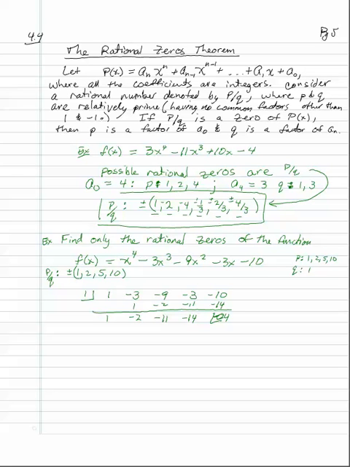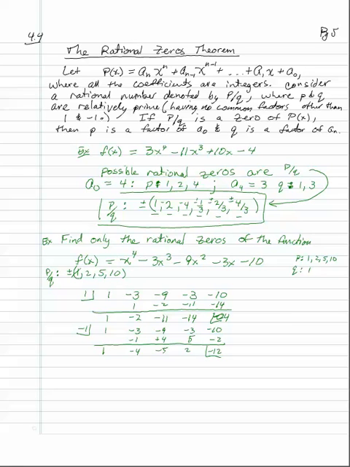Now let's try negative 1. So we're going to get 1, negative 1, positive 4, negative 5, 2, negative 12, which is not 0. So 1 and negative 1 don't work.